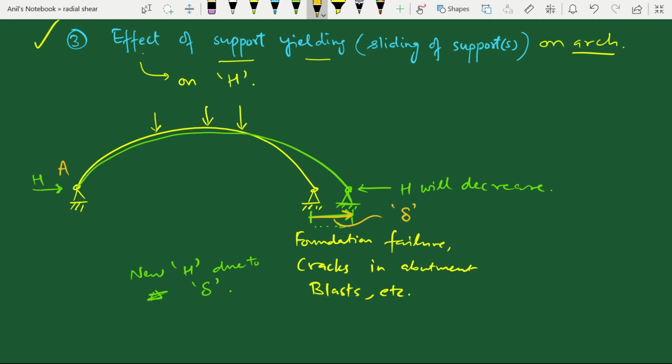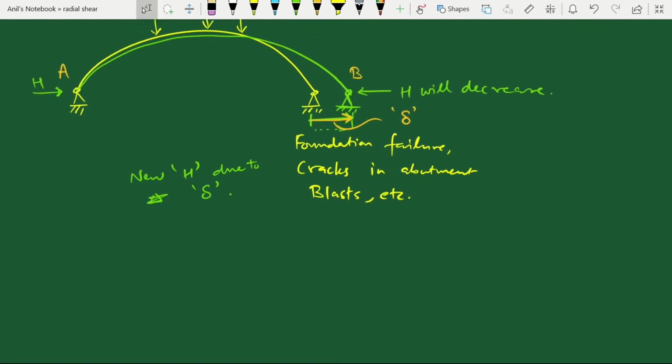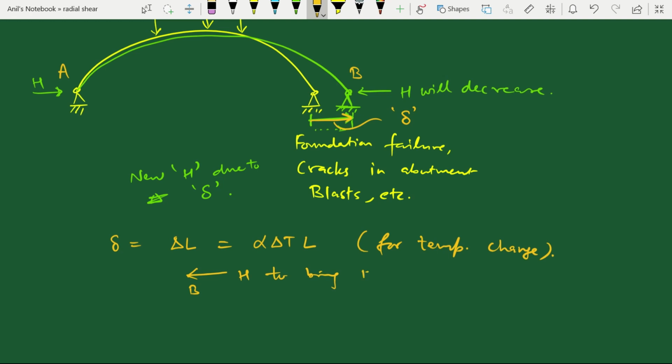Let us consider this arch AB. It is very similar to what we have done for temperature change. In that case, delta, which was delta L, was given by alpha delta T into L. Then we applied some horizontal force at B to bring back support B to its original position.